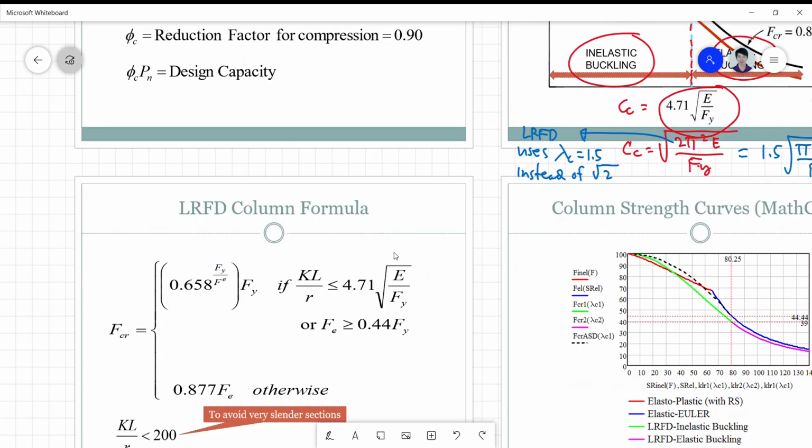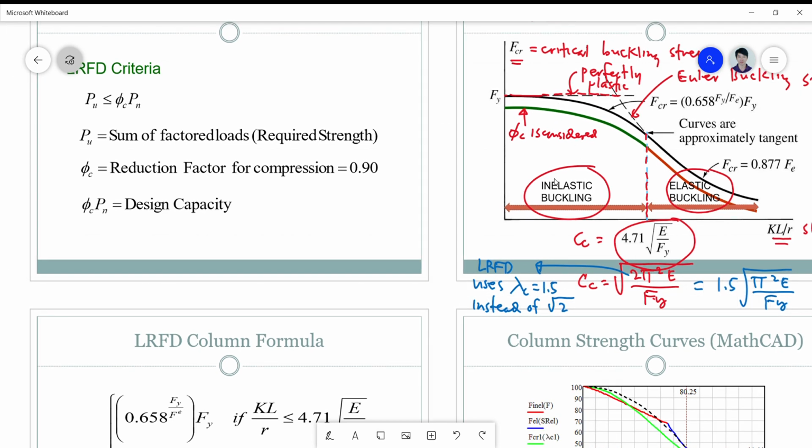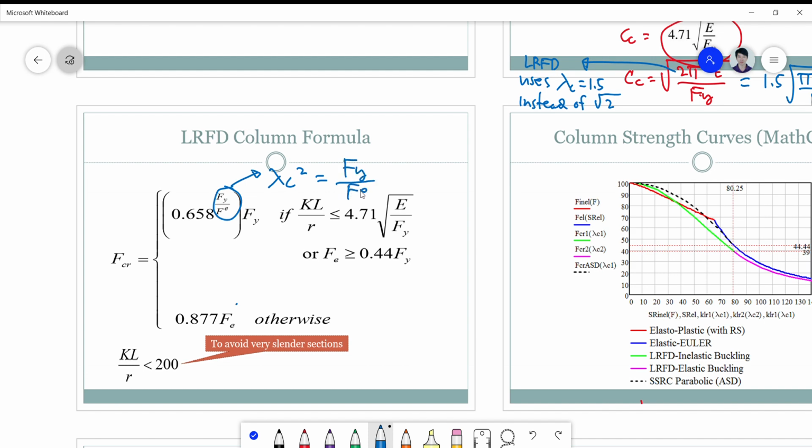So for the LRFD formula, looking at the graph here, the inelastic buckling and the elastic buckling would be computed on the basis of these two formulas, where your Fy over Fe is simply equivalent to lambda sub c squared. Okay, so this is now your basis for the lambda sub c.